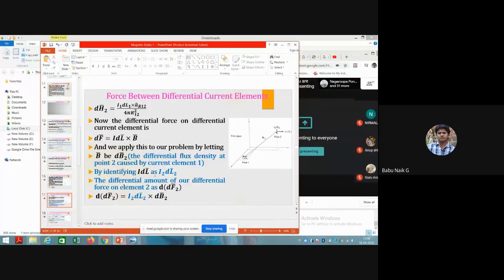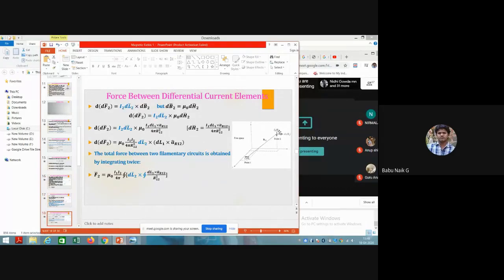Now, similarly, what will be the force at point 2? We have already seen in the last session the differential force on a wire in a magnetic field.